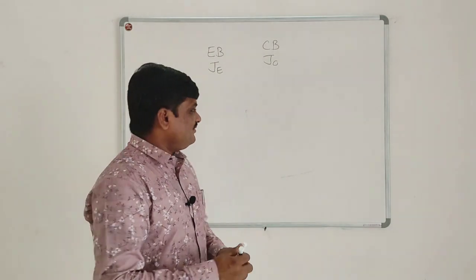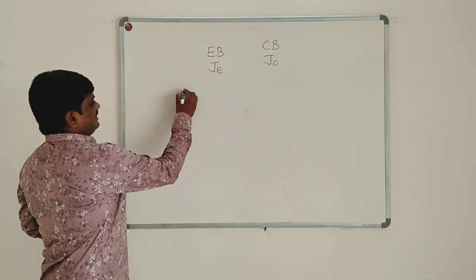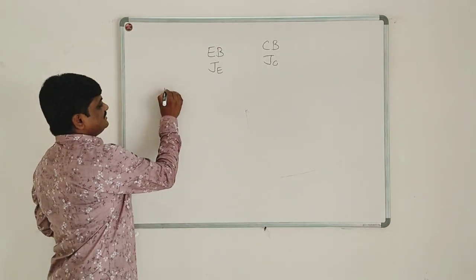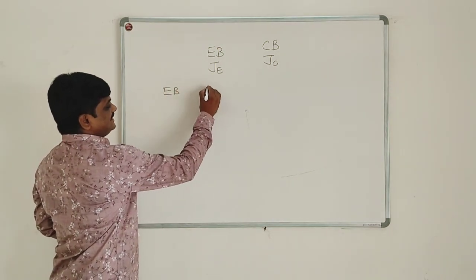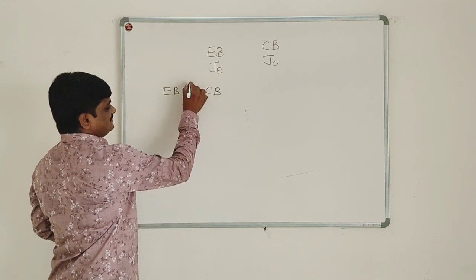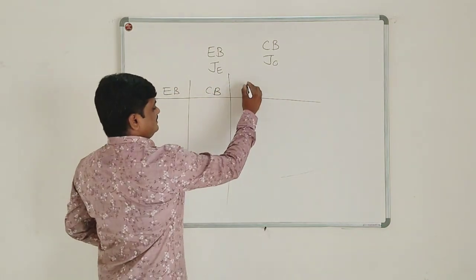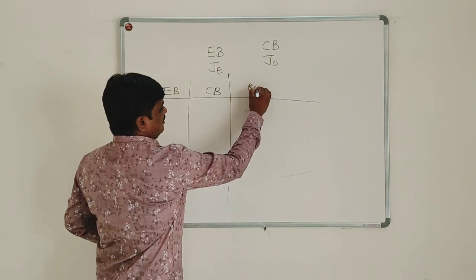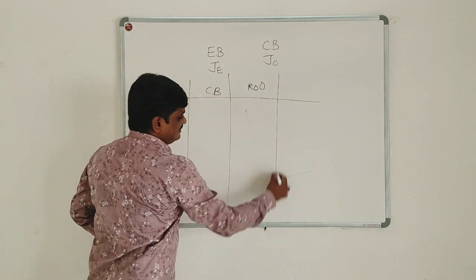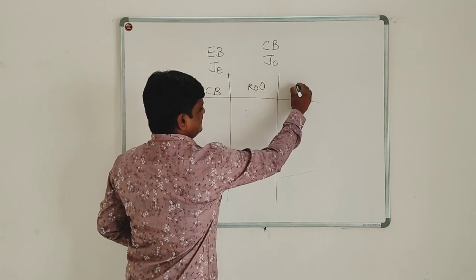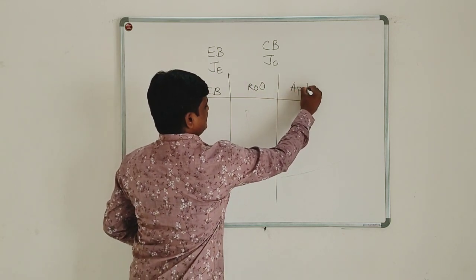Now let us see first the biasing of emitter base junction, then second the collector base junction, then the region of operation, that is the operating region, and last one is the application.